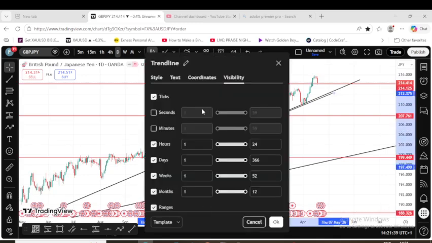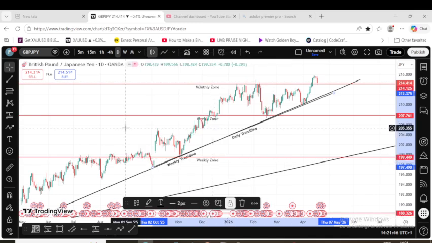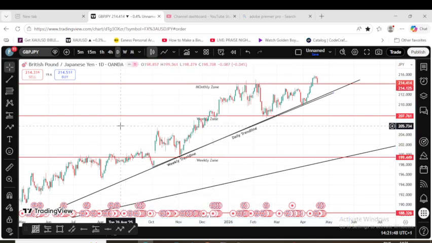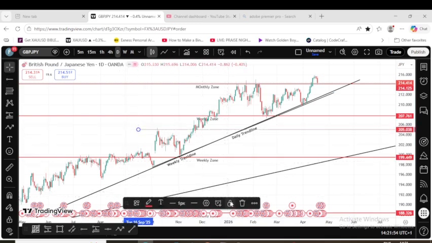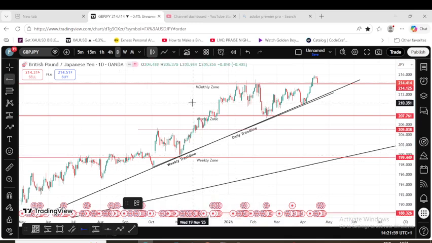Okay, so now let's identify our zones, since we've already identified our trend lines. So we have a daily zone here. Where else can we see our daily zones?